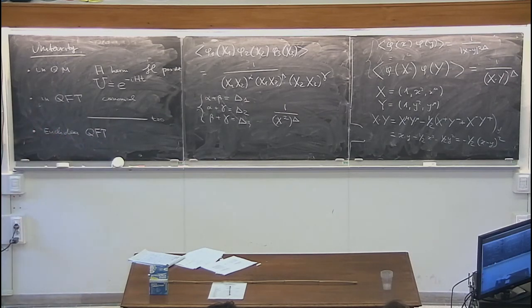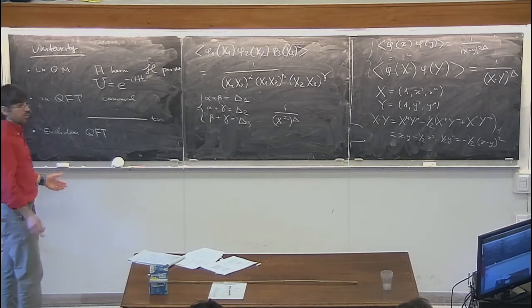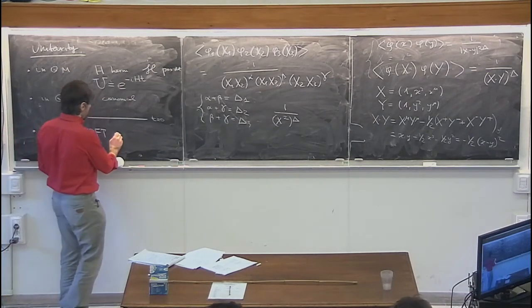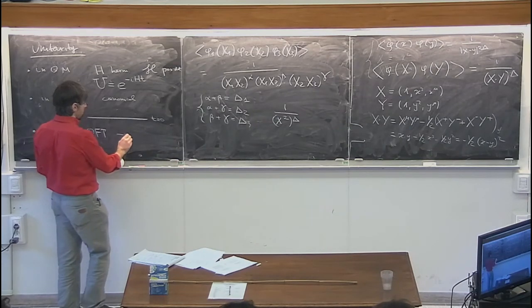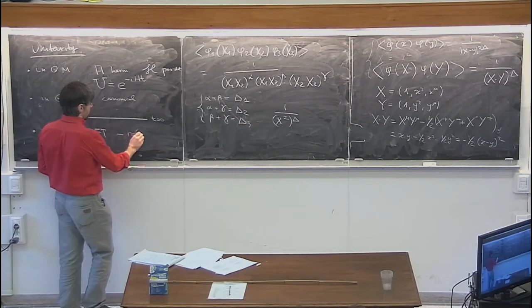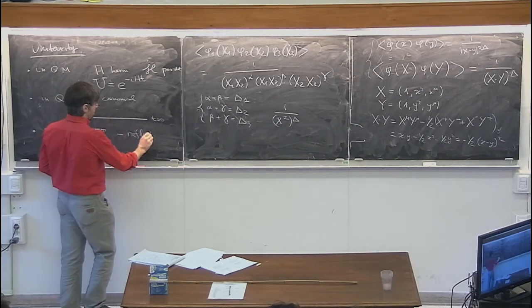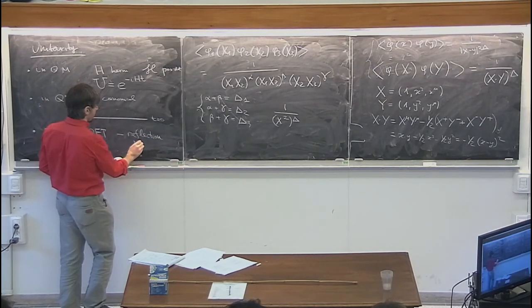And so, a natural question: what plays the role of unitarity in Euclidean quantum field theory, when we don't have time, strictly speaking, we just have correlation functions, like in the three-dimensional Ising model? Here, the role of unitarity is played by a property which is called reflection positivity.